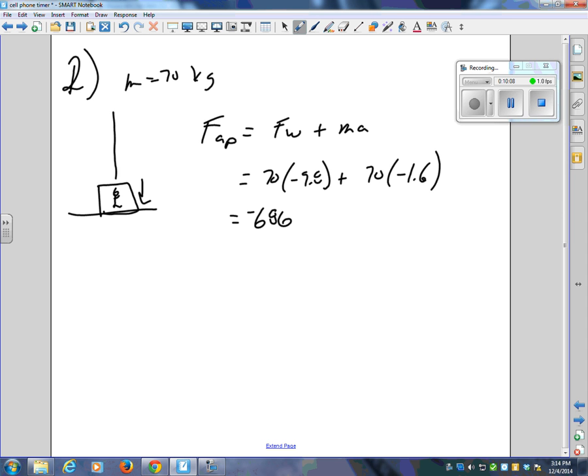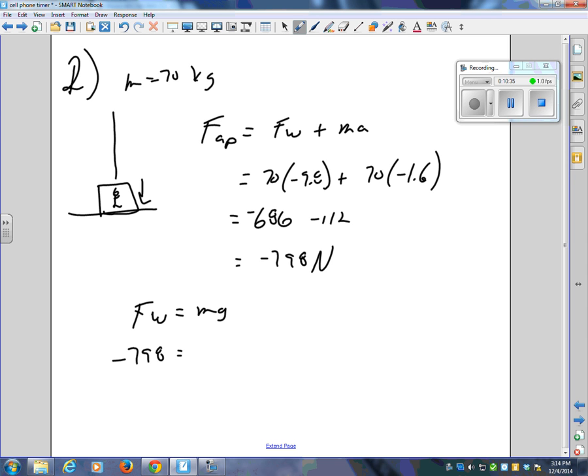Minus 686, this is going to be minus 112, and when you combine them together, you get minus 798 newtons. But the question says, what does the scale read in kilograms? The scale thinks his weight force is minus 798.